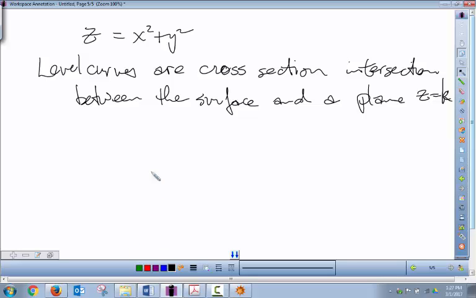So in other words, since we know the shape of the graph already, we'll take advantage of that little piece of knowledge.